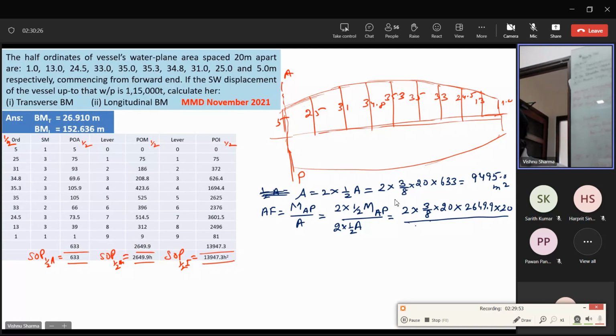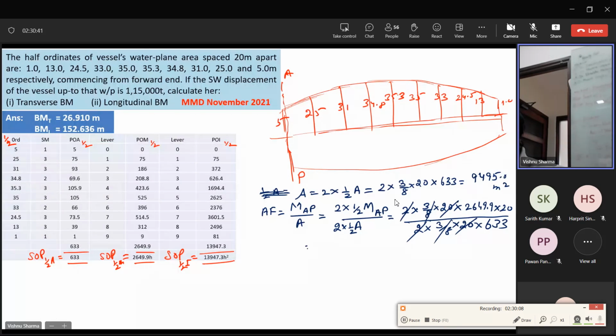So it will be equal to 2 into 3 by 8 into 20 into 633. This 2, this 3 by 8, then this 20 gets cancelled.